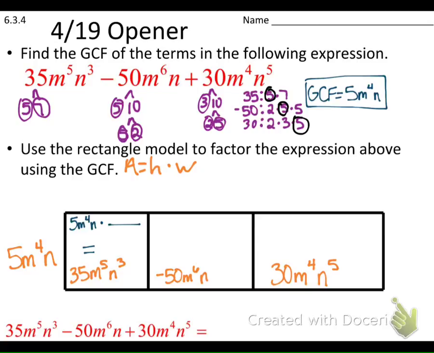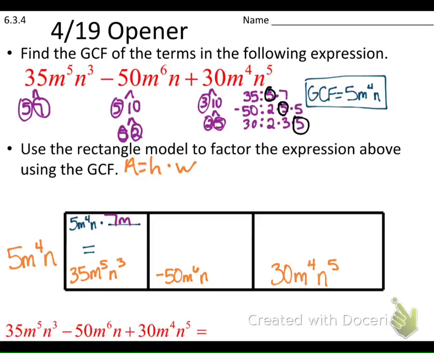All right, what times 5 equals 35? 7. Very good. 7. My height has 4 m's. My area has 5. How many does my width need to have? 1. My height has 1 n.